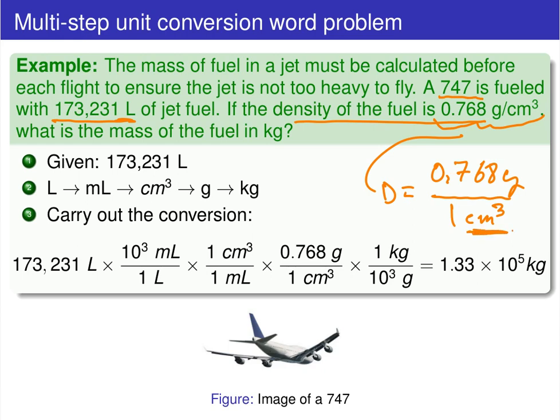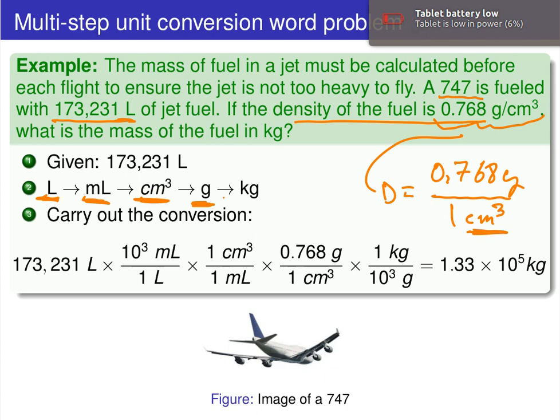So we need to go from our given unit of liters ultimately to cubic centimeters. The most natural way to do that is you first carry out a conversion to get to milliliters, then use the 1-to-1 conversion factor to get to cubic centimeters, and then use our density to get to grams. Remember, the density is given to us here in grams. And then use a grams to kilograms conversion. So liters to milliliters, we know that there are 10 to the third milliliters in a liter. We're going to put liters on the bottom to cancel out the units of liters.